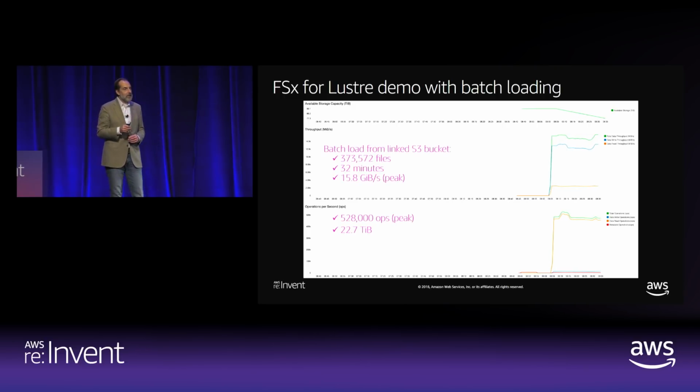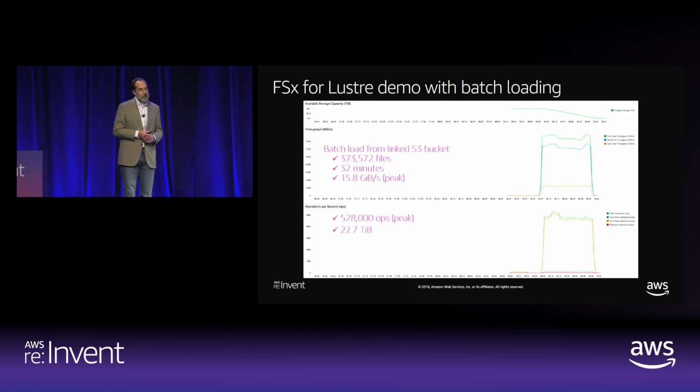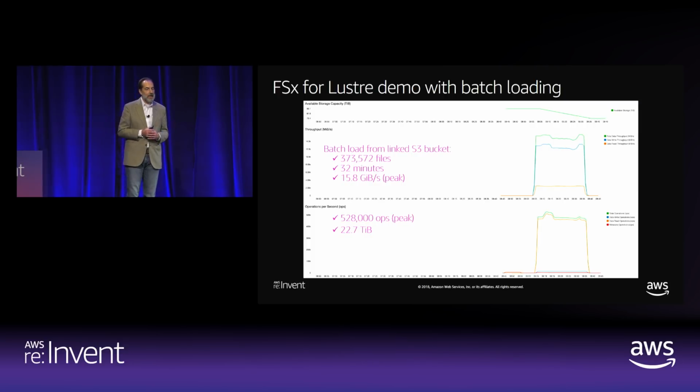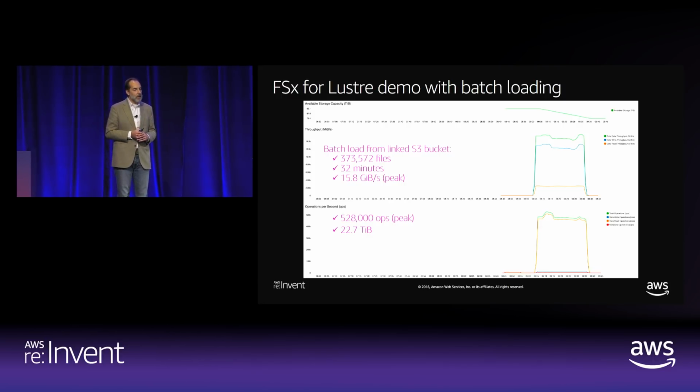We have 373,572 files. It took 32 minutes to load this data. We achieved 15.8 gigabytes per second at our peak, and hit a peak of 528,000 operations per second. As part of this process, we loaded 22.7 terabytes of data.